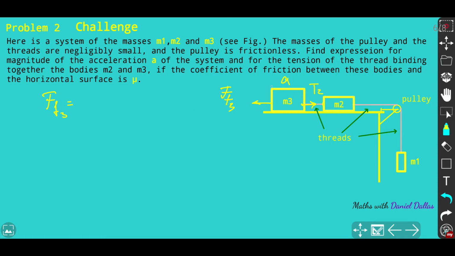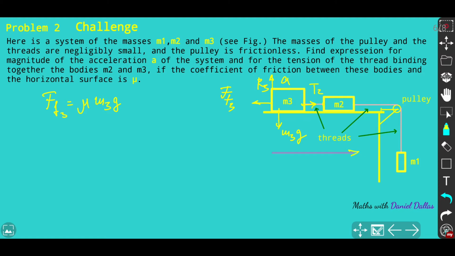So we can put R3 there, which of course is going to be equal to the gravity force M3 g. So we can write the same coefficient of friction times the gravity force. That's the only amendment we need to set up for our object. So we can set up the same second Newton's law for M3, with the same positive direction, the same x-axis here.